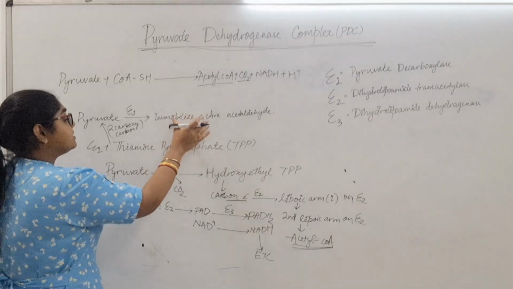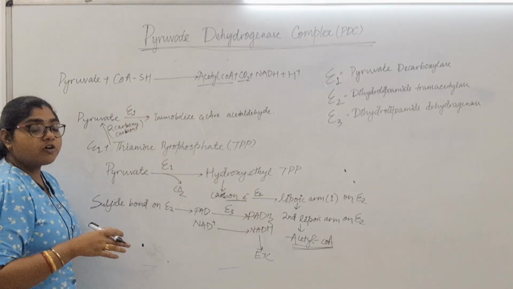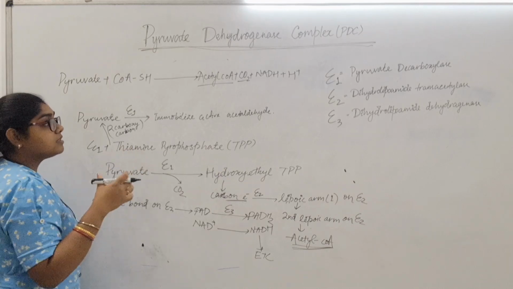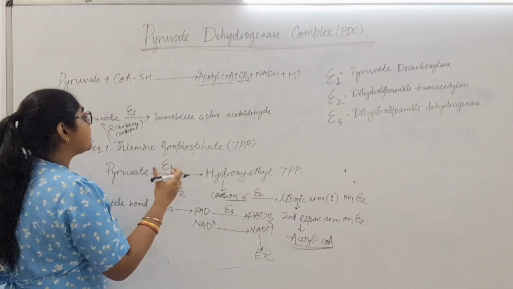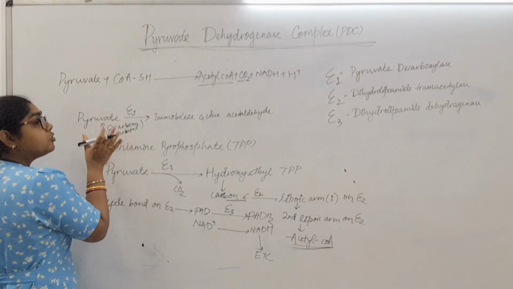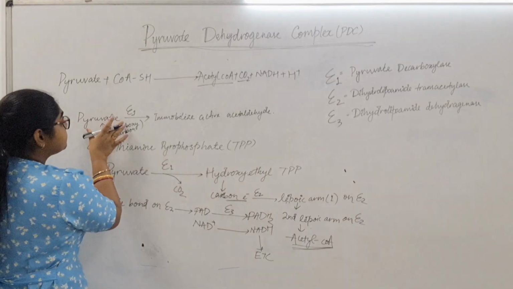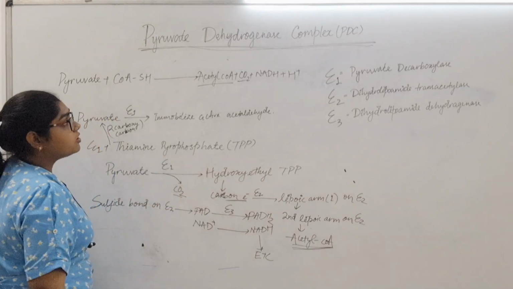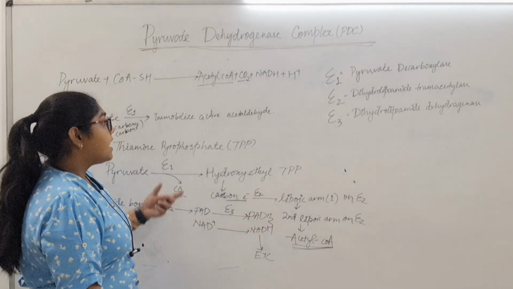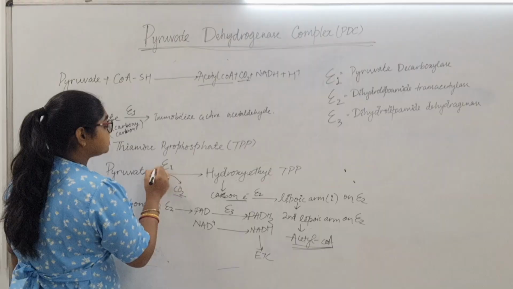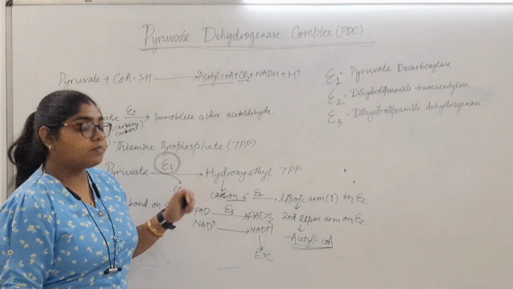Then the cofactor of the E1 enzyme, thymine pyrophosphate, will form a strong nucleophilic carbon ion, and this carbon ion will perform a nucleophilic attack on the 2-carboxy carbon of pyruvate. At that point, the pyruvate will release the carbon dioxide molecule and will produce the hydroxyethyl thymine pyrophosphate. This reaction is catalyzed by E1, pyruvate decarboxylase.